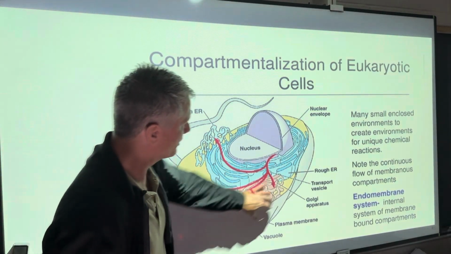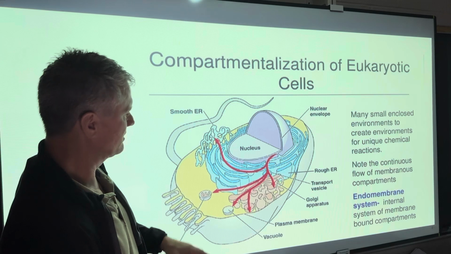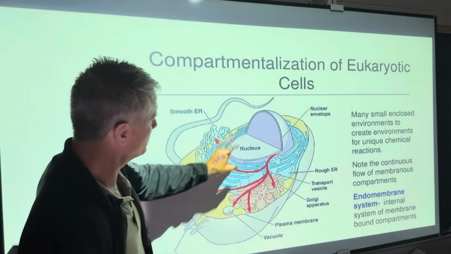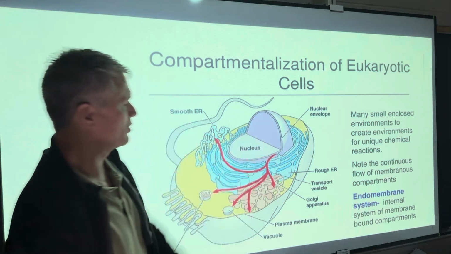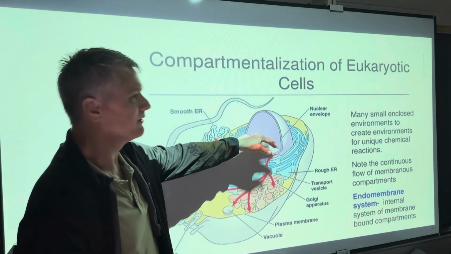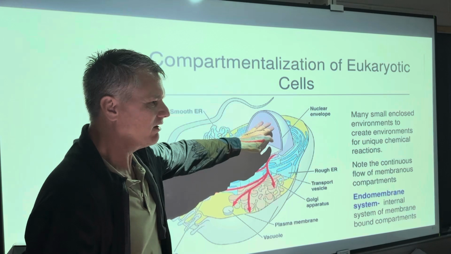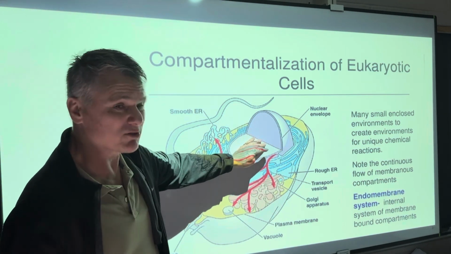Here's your normal, generalized cell. You can see it has a nucleus inside there. Remember, that's the control center. What happens here you wouldn't want out here, right? Because in here it stores the DNA. RNA is made, and it makes ribosomes here.